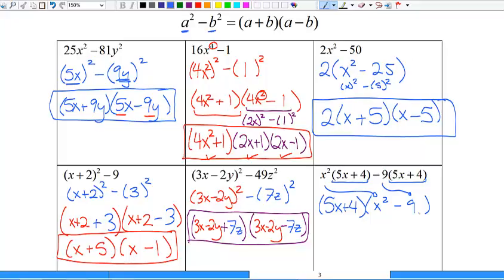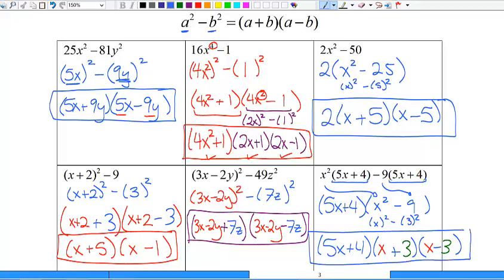Now that it's rewritten like this, I can clearly see that the second term is a difference of squares. So we have 5x plus 4, and the second parentheses is going to turn into x in the fronts, and 3 in the backs, and then my signs are just one of each. And that's my final factorization.